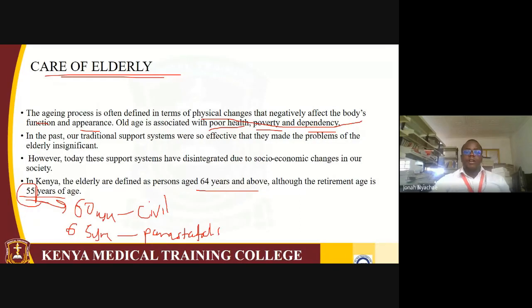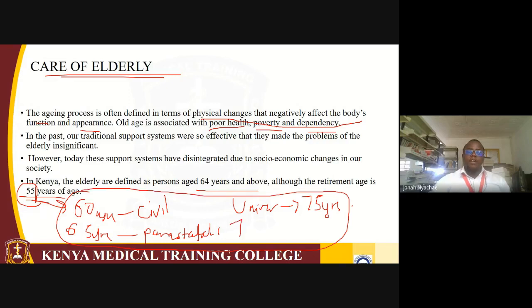We have tertiary institutions like universities where a person can go up to 75 years. You see, so it keeps on varying. It is not standard. It depends on your nature of work.